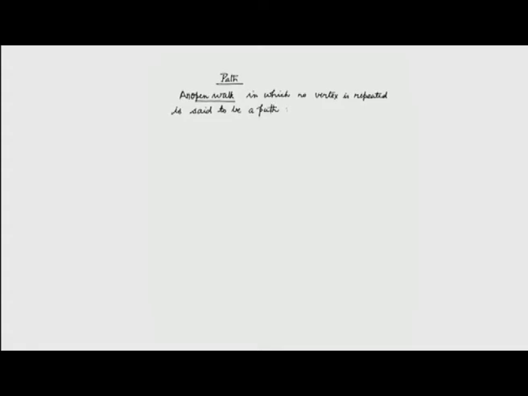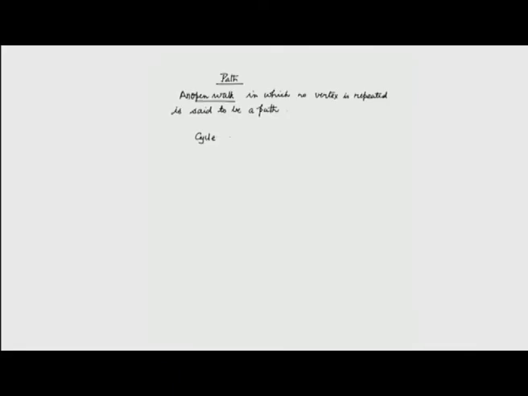Now, then what is a cycle or a circuit? Cycle or circuit. We will use these two words synonymously. A cycle is a closed walk.